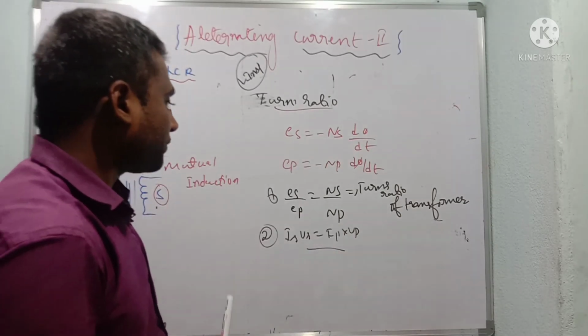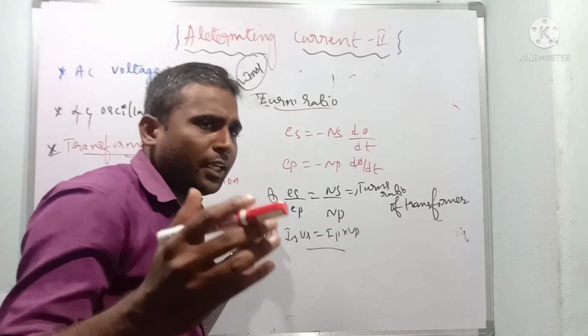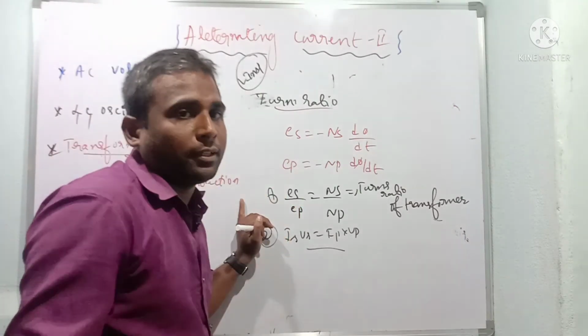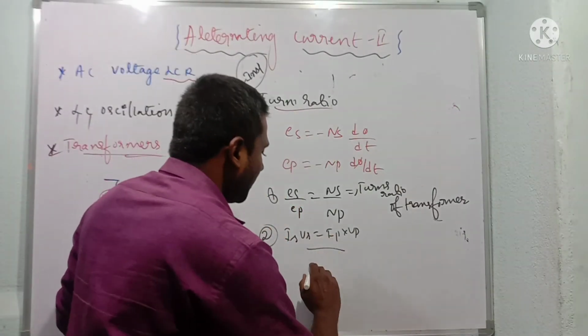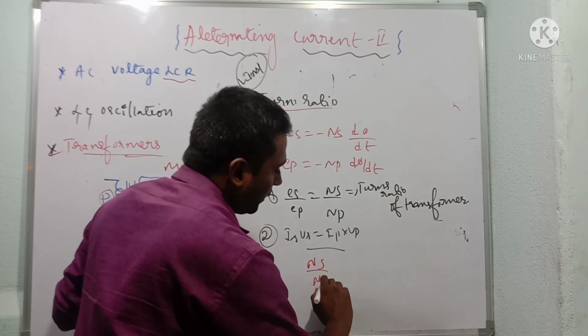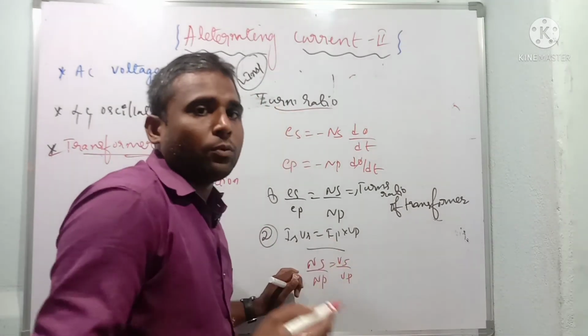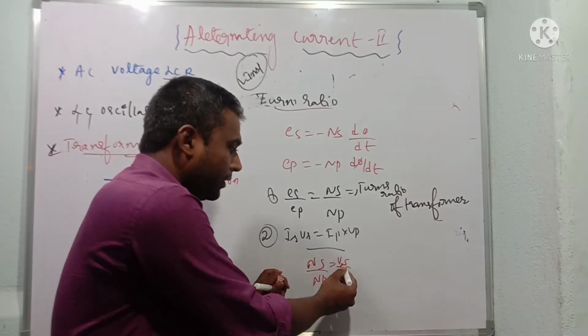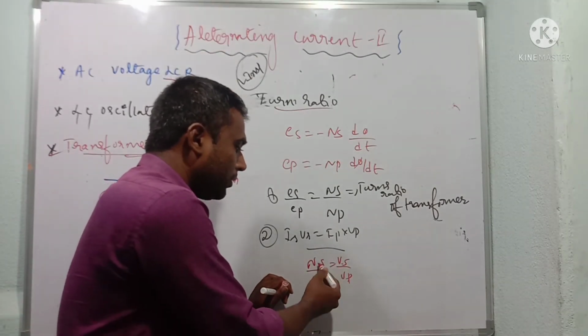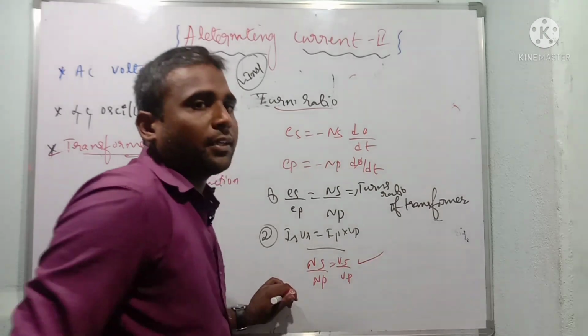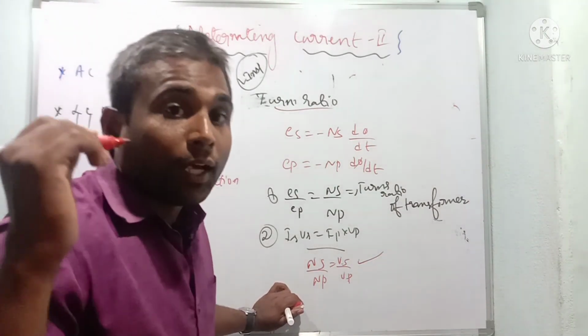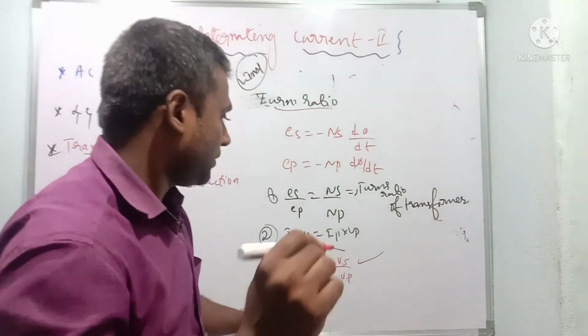Now, if it is a perfectly ideal transformer, then NS/NP is equal to VS/VP. So the EMF is changed into voltage: voltage in the secondary coil by voltage in the primary coil. This is called a perfect or ideal transformer.